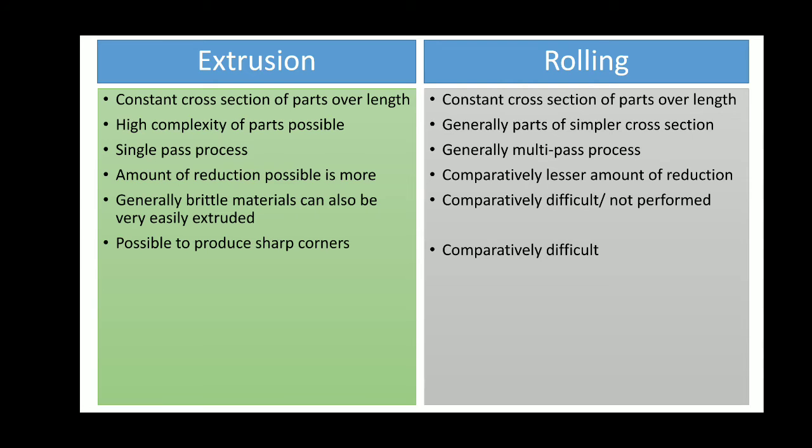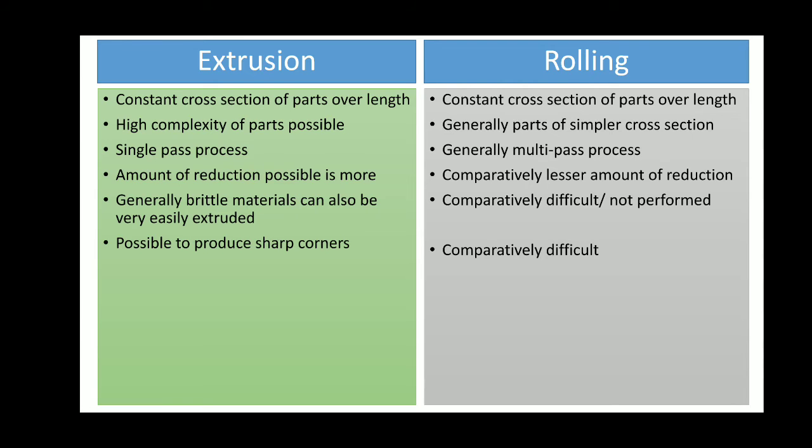So in the case of extrusion, and if you recall rolling, in both cases we get a constant cross section of the product over the length. But in the case of extrusion, what is the good thing about it? High complexity of parts is generally possible, but in rolling we limit ourselves to parts of simpler cross section.